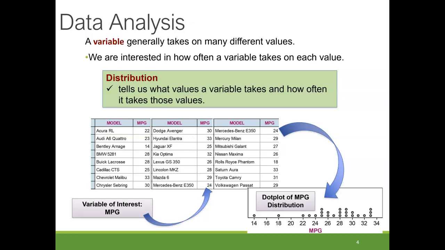We just write down the different miles per gallons on the x-axis and put a dot above that miles per gallon each time there's a car in our data set that has that miles per gallon. That's an example of what a distribution might look like. So it's often going to be a graphical representation.